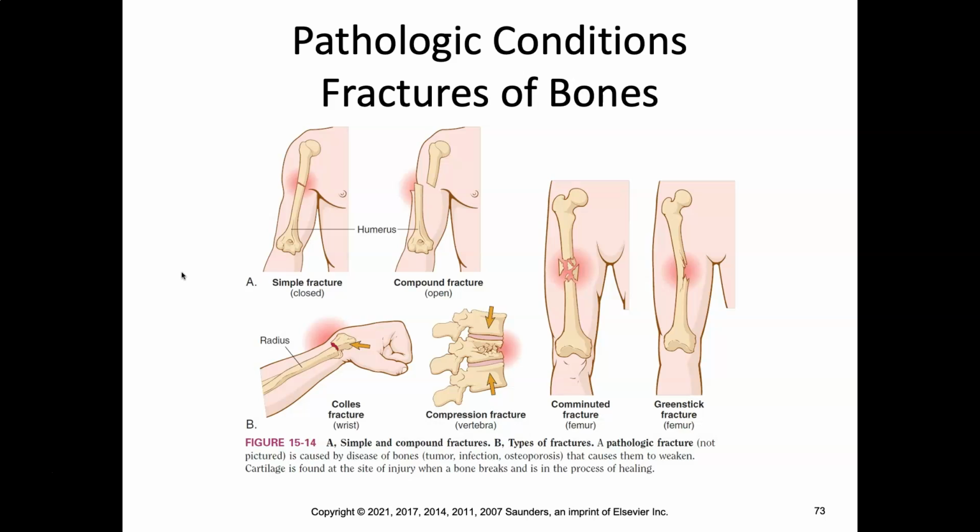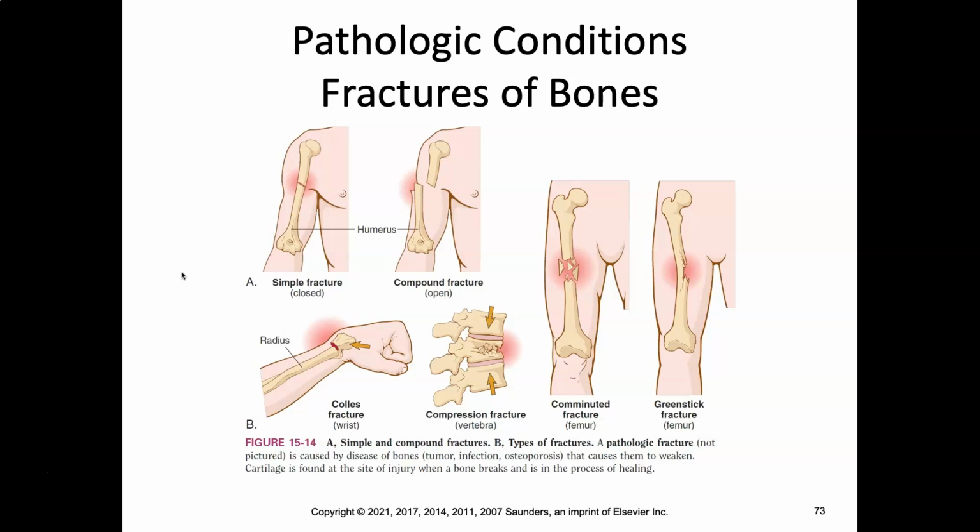So if you hear of simple fracture or closed fracture, that means that there's a broken bone, but it's essentially in place within the body. It just needs to be dealt with. If you hear of a compound or an open fracture, that is much more severe and usually the result of a traumatic injury, and that's where you've got bone coming through the skin. That's not a good situation.